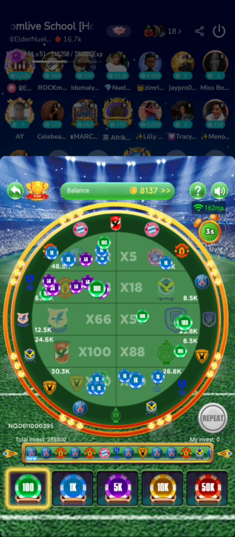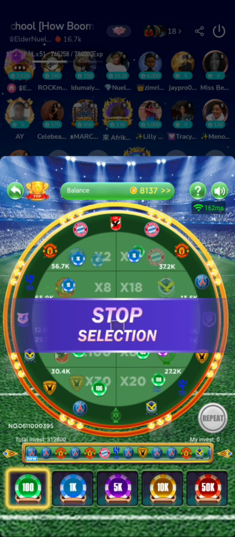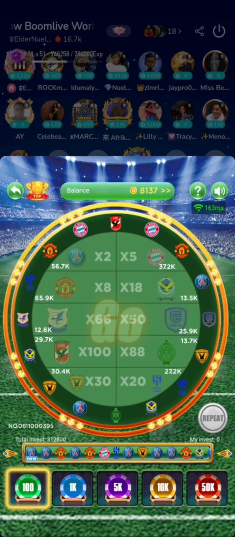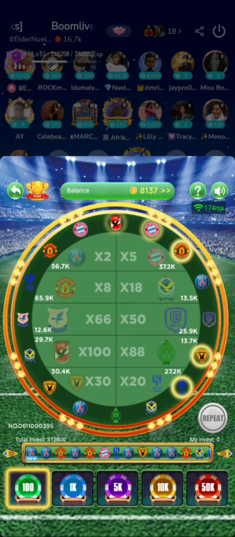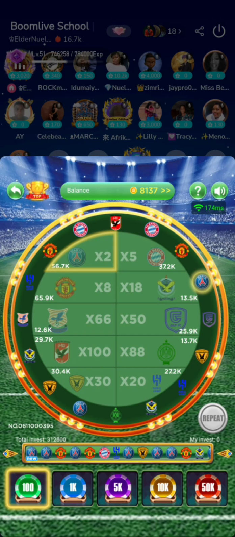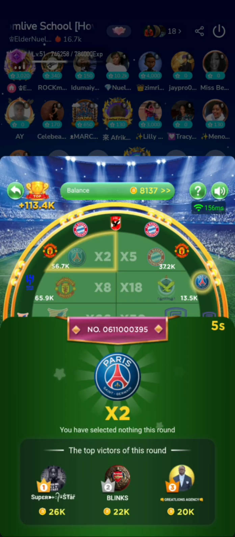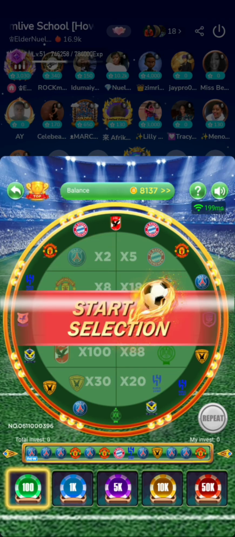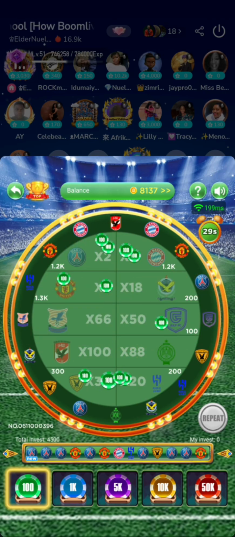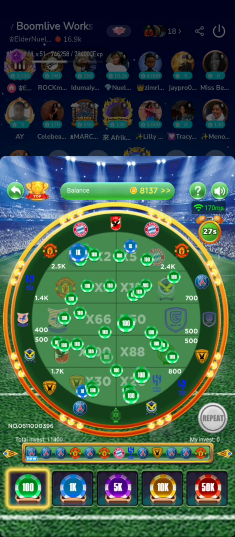If you predict a number to come and that number comes, the coins you staked on that number, you're going to get times the amount. So let's say I staked 5,000 coins on times 2, and times 2 came, I'm going to get 10,000 coins. If I stake 5,000 coins on times 5 and times 5 comes, I'm going to get 25,000 coins. Do you understand? So that's the way it is.